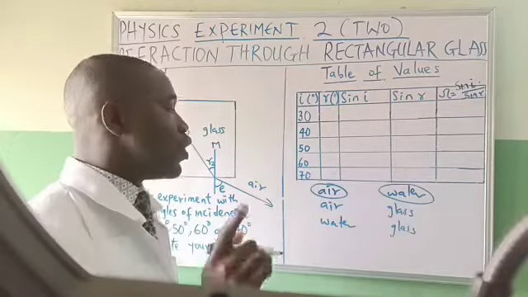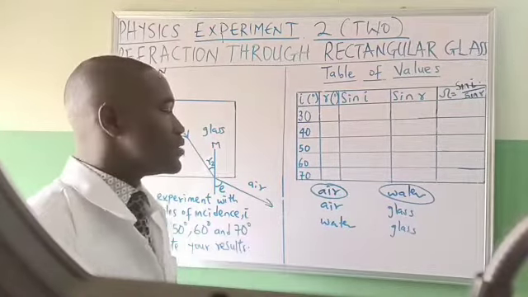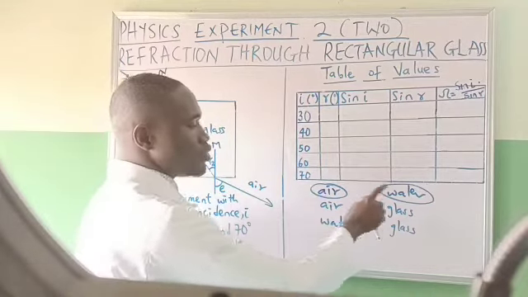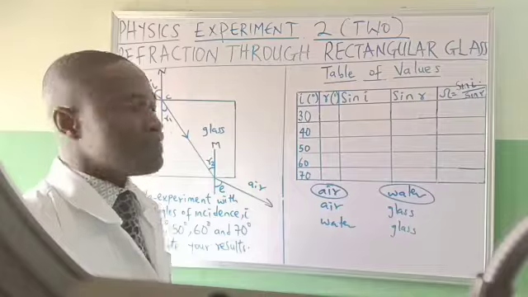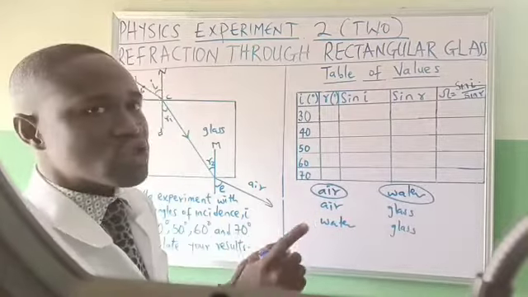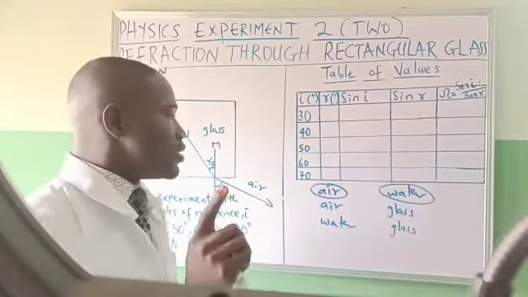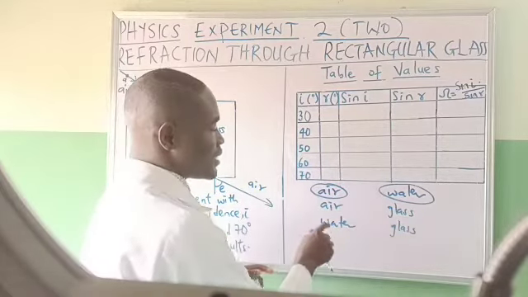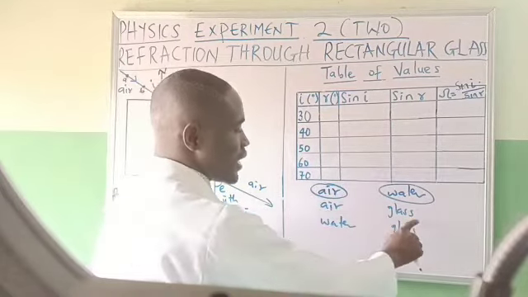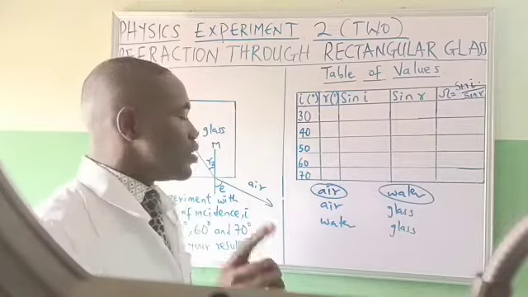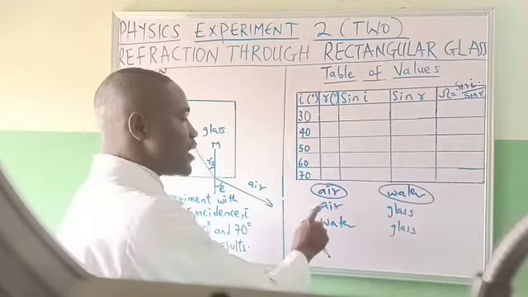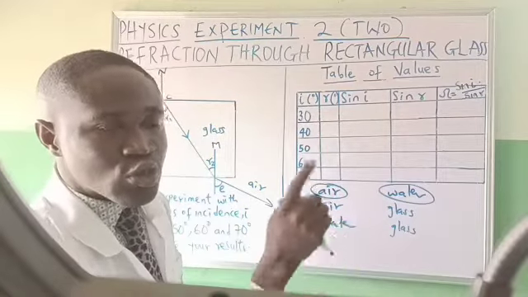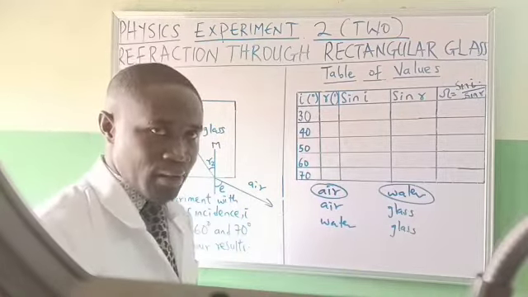And so, as a light ray moves from air to water, it will refract toward the normal. Then, if it is moving from air to glass, air is less dense, glass is denser. Once a light ray moves from air to glass, the light ray will also be refracted toward the normal.